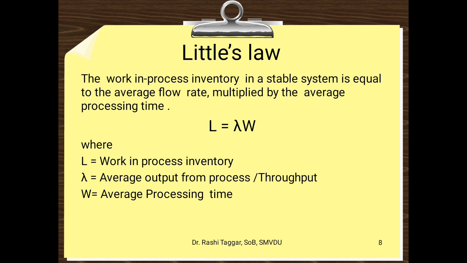I'm giving you the first question which needs to be attempted. Please post the answer in the discussion forum as your comment. This is question number 1 of inventory management. So you can write answer 1 of inventory management or answer 1 Little's Law.